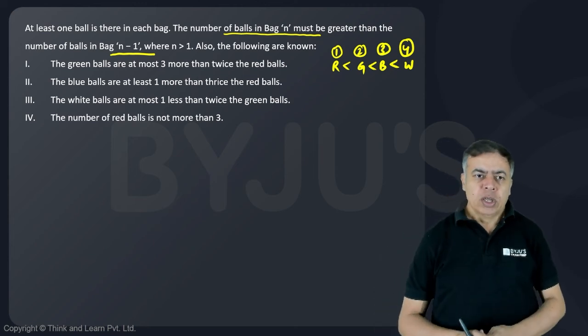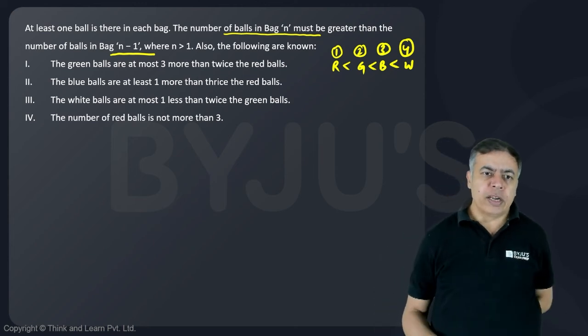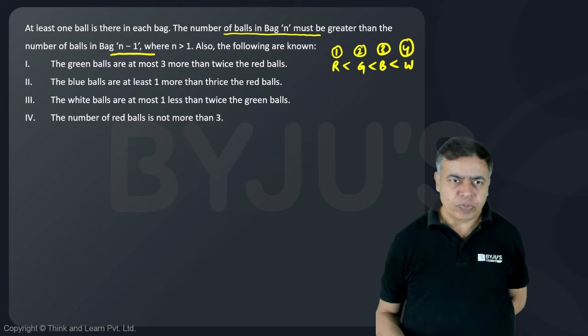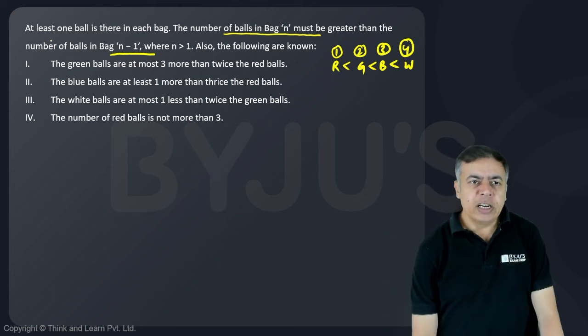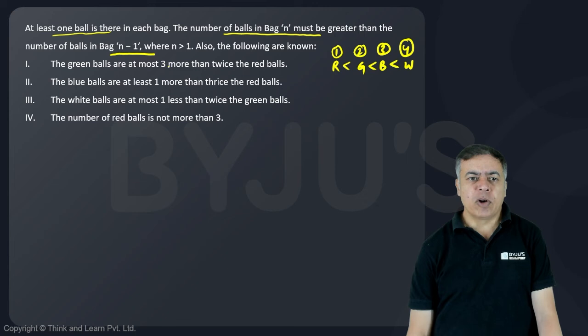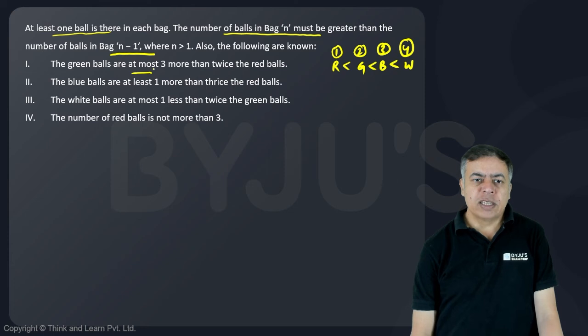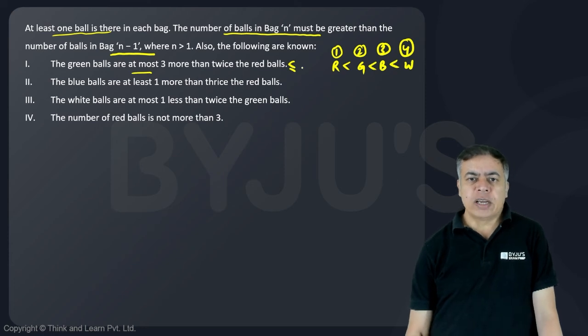Okay, and now the condition is the green balls are at most 3, and it was given that at least one ball is there in each bag, right? And then the green balls are at most 3 more than twice the red balls. Okay, if I write the formula here, at most means less than equal to, so less than equal to 3 more than twice the red balls.